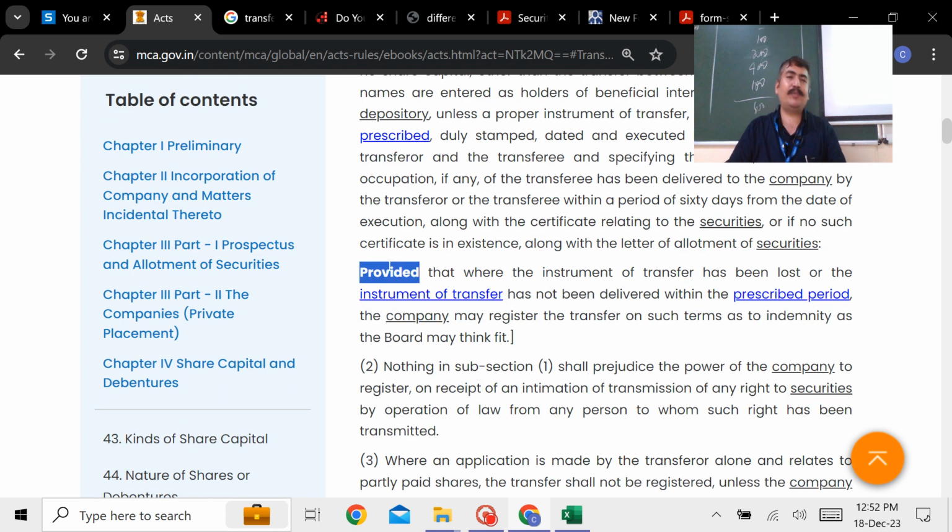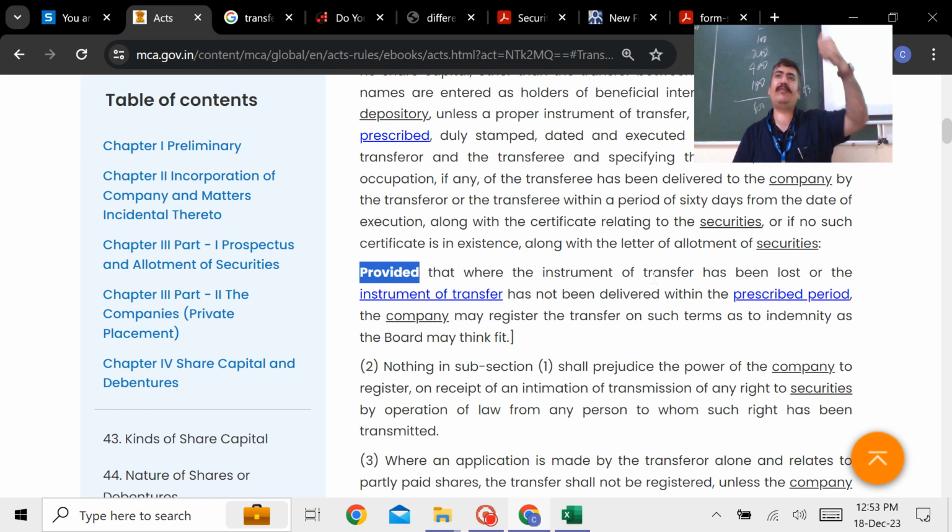There is one proviso. It says that it is lost. Suppose the transfer form is lost. The transfer form itself is lost. Can the company allow the transfer? For example, I paid 5 crore rupees to one of the transferors and took shares worth 5 crores.